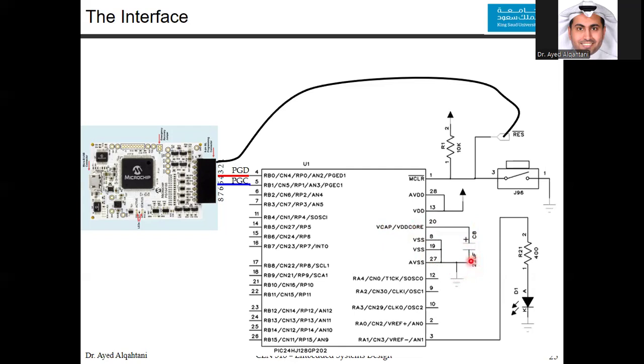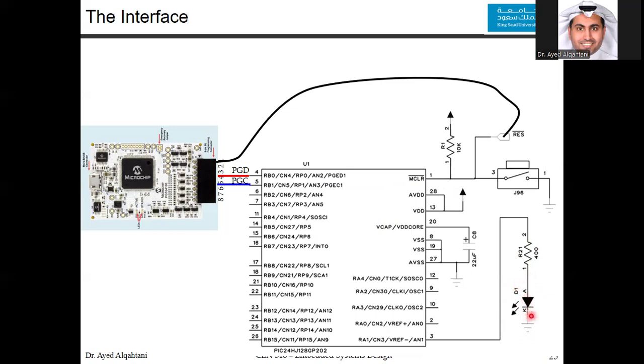Here we chose only one of the GPIOs, which is RA1, and we connect it to a LED, and the LED is in series with a resistance. Now, should you put the resistance before the LED or after the LED, doesn't matter much. It's fine. You can connect it this way or the way that I just explained in one of the slides before.